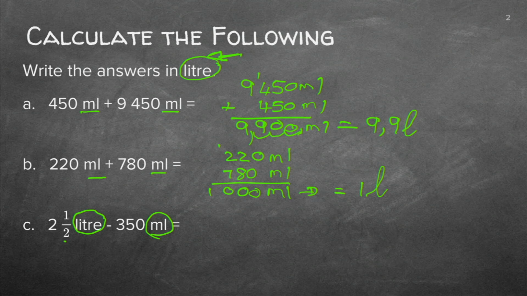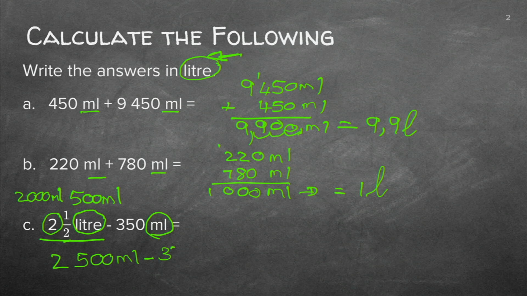After studying hard, you know that half a liter will be equal to 500 milliliters, and 2 liter will be equal to 2,000 milliliters. So that will give me 2,500 milliliters minus 350 milliliter now. And now I can go and do my calculation because the units are the same.